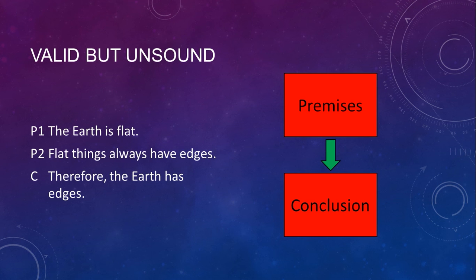So if you had P3, apples are red, I think that would still be a valid argument, because if the collection of premises are all true, then you should still believe that the Earth has edges. And so there's nothing about putting an irrelevant premise in there that would make P1 and P2 cease to imply C. And that's what makes it valid, is that if the premises are true, then you should believe the conclusion.